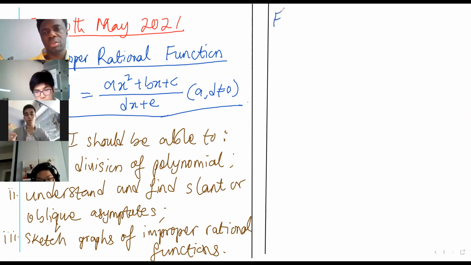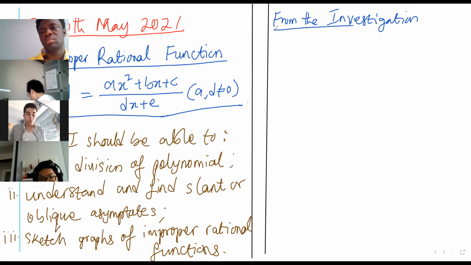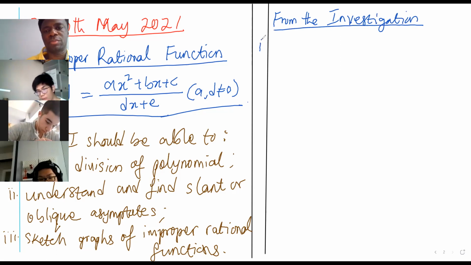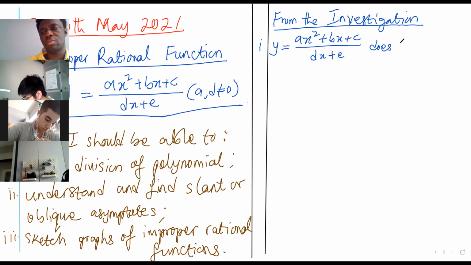So from the investigation, observation now. From the investigation, 1, y is equal to ax squared plus bx plus c divided by dx plus e does not have what?